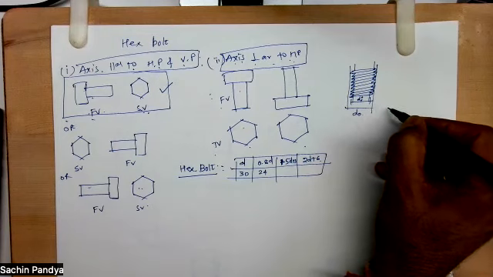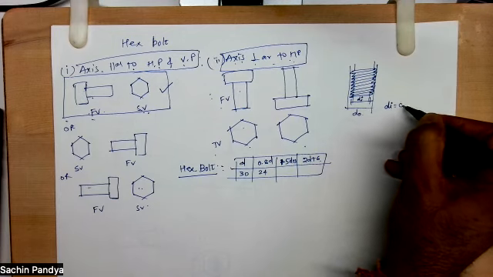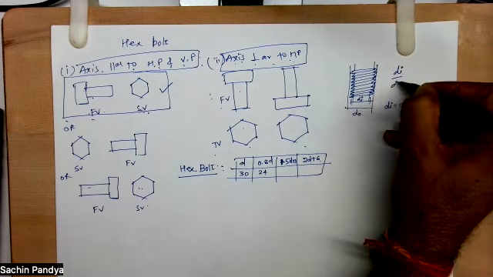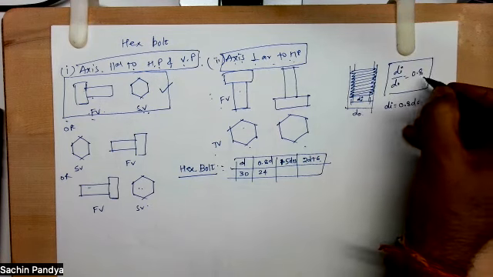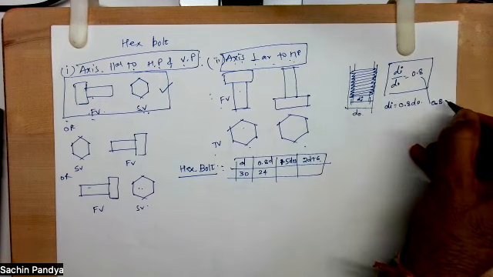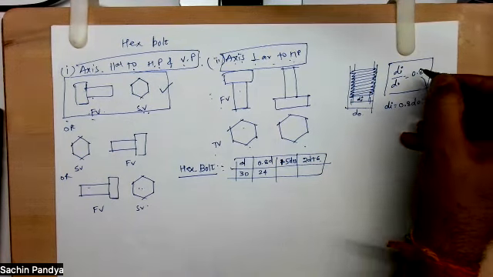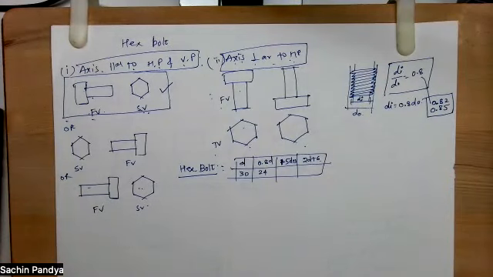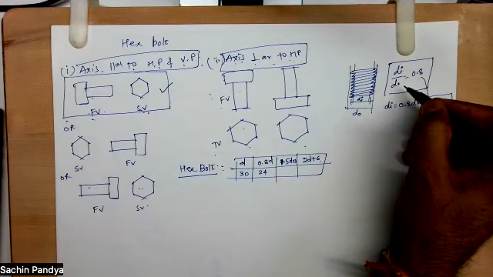So we have a relationship: DI by DO is 0.8. This is standard. At times people take this as 0.82 also, 0.85 also, whatever they want, but we are taking 0.8, right? Understood? So this is internal diameter, external diameter.